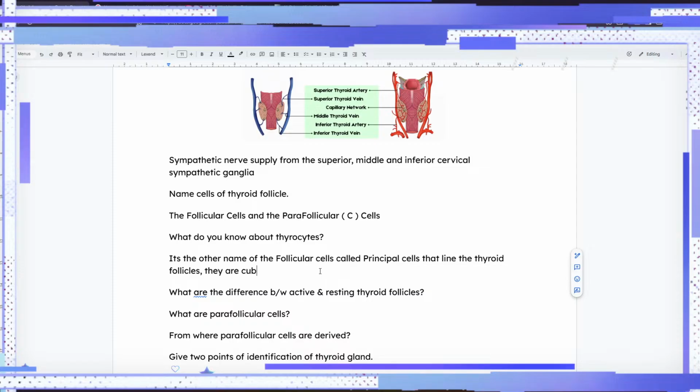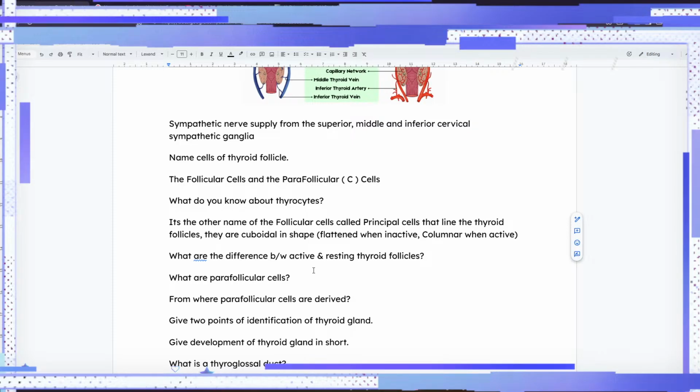They are cuboidal in shape, flattened when inactive, columnar when active.